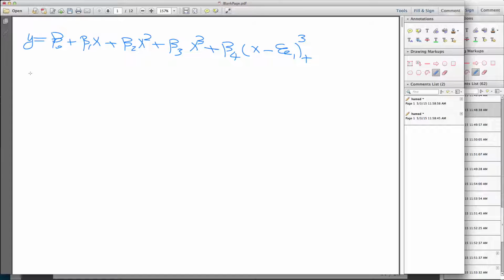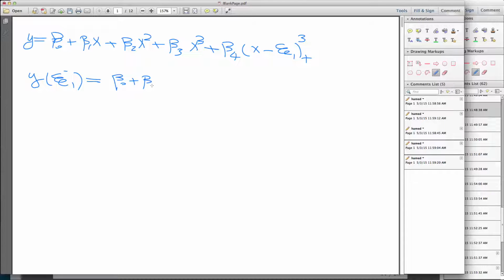So let's look at y right at psi 1. Slightly before psi 1, this function is 0, right? Because x is less than psi 1. So slightly before psi 1, you can write it psi 1 negative. That means slightly before it. That's a notation you can use. That is beta 0 plus beta 1 psi 1 plus beta 2 psi 1 squared plus beta 3 psi 1 cubed plus 0, right?